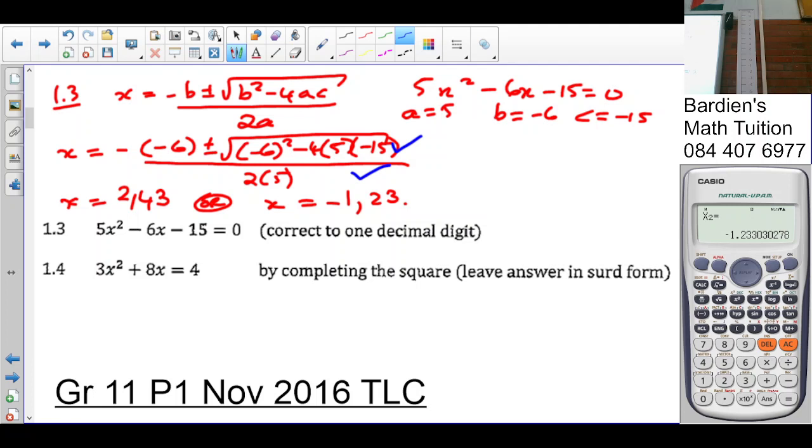You can show the substitution and then the other 2 marks are for the solution. Yes, ma'am, 1 decimal place. So this is going to be 2.4, and I would have lost 1 mark because I'm not adhering to the instruction.